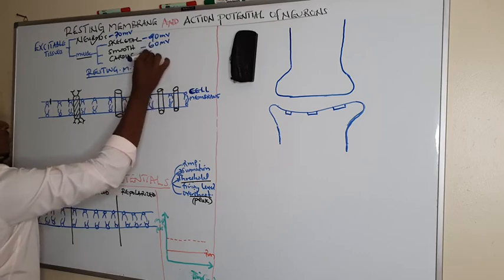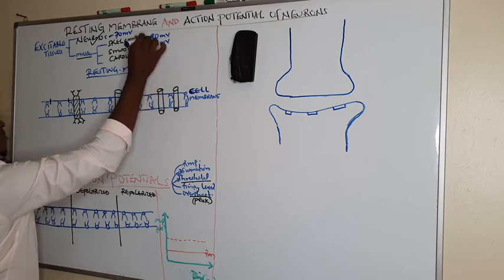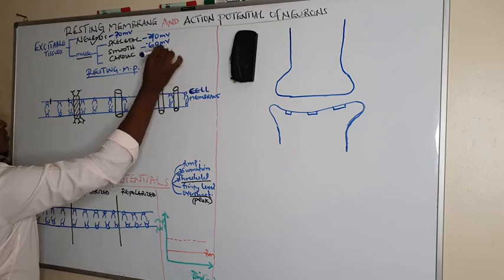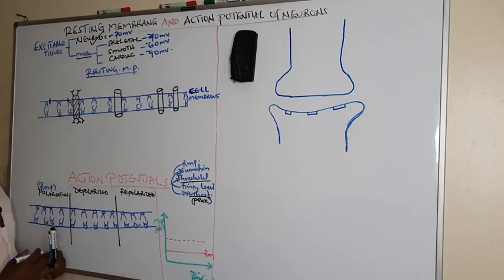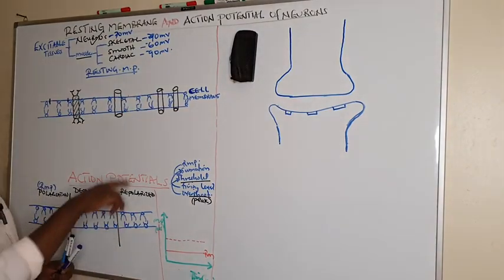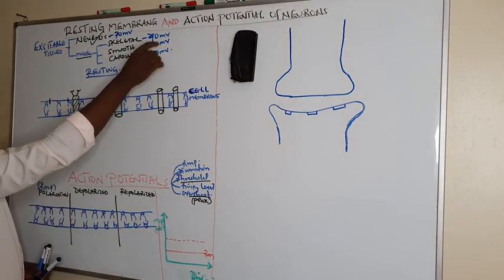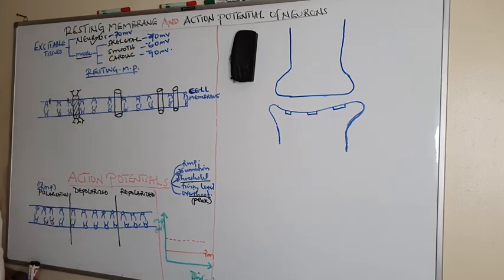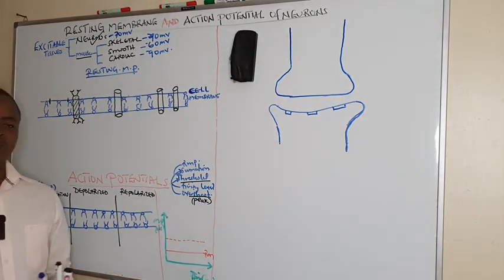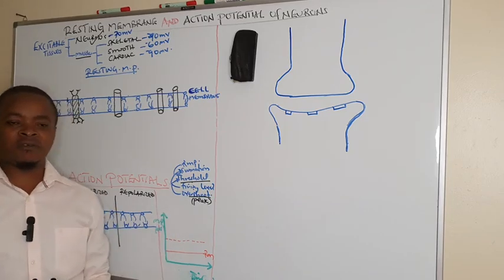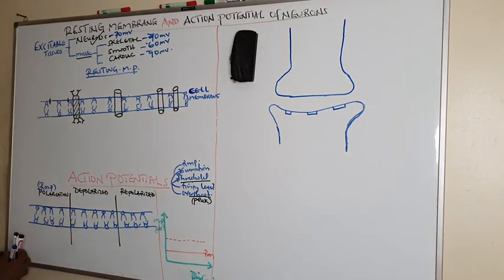Then cardiac is also negative 90. So cardiac and skeletal muscles have the same membrane potential, whereas smooth muscles have the least membrane potential, which is negative 60. Then neurons is negative 70.